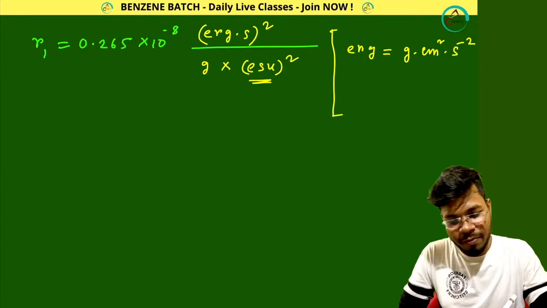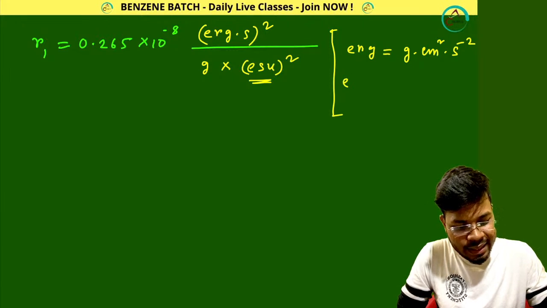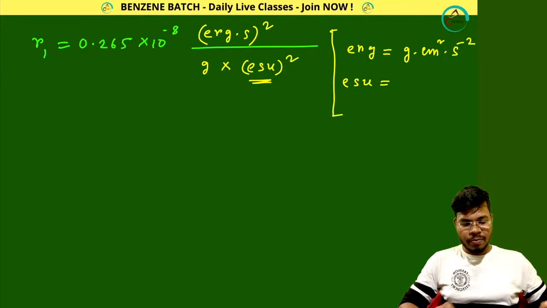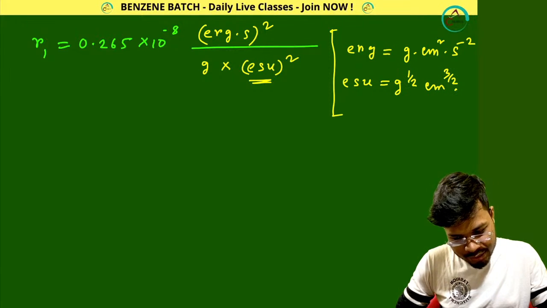It's very tough, but yeah, you have to learn that. So whatever I am telling you, just write down over here. Whenever you are converting ESU into the CGS system, this ESU will be gram to the power half, centimeter to the power 3/2 and second inverse.